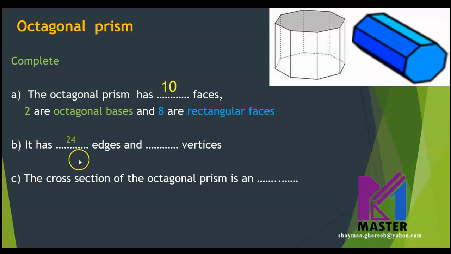It has 24 edges, 8 at the bottom, 8 on top, and 8 connect between them. And how many vertices? It has 16 vertices, 8 at the bottom base and 8 on the opposite base. The cross section of the octagonal prism is an octagon.